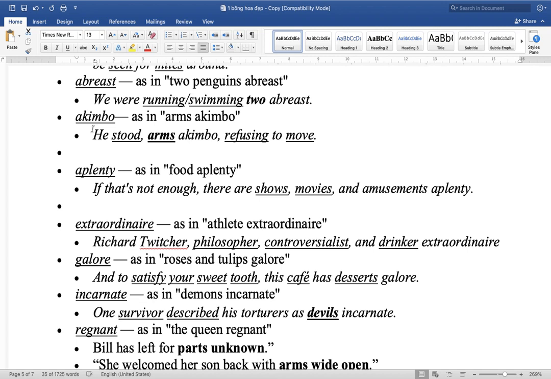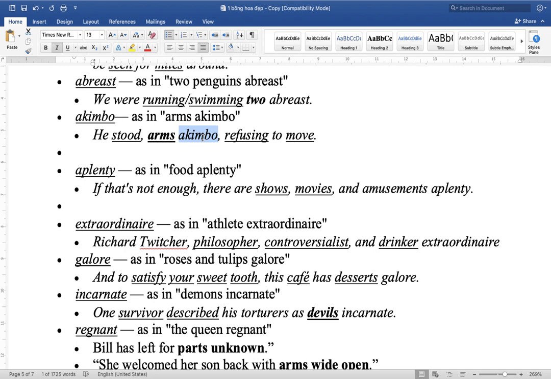Some adjectives you use after the noun, not in front of a noun. For example, we have "arms akimbo." So he stood arms akimbo. Akimbo is an adjective, but we use this after the noun arms. We don't write "an akimbo arm" because akimbo must be after the noun.